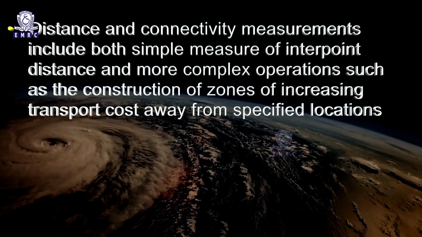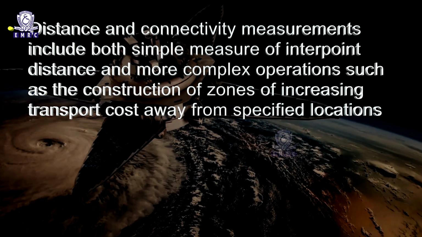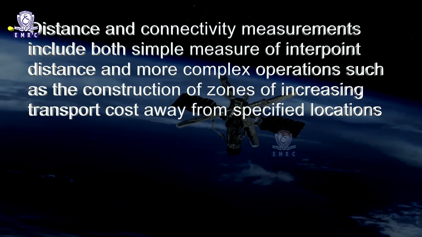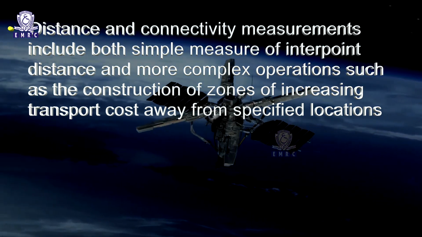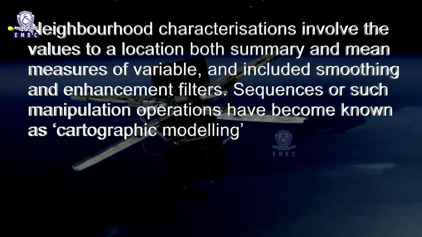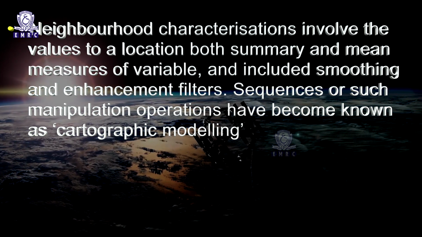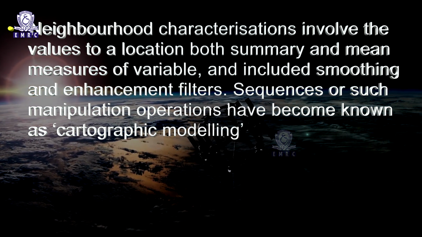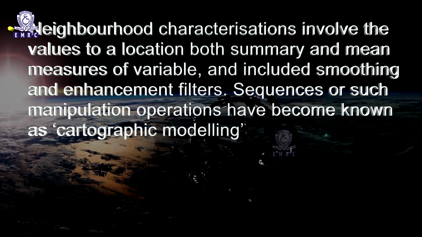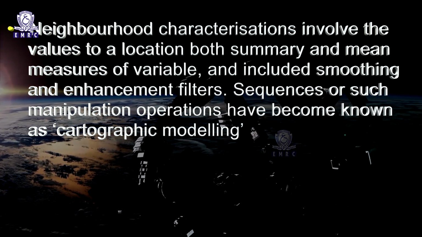Distance and connectivity measurements include both simple measures of interpoint distance and more complex operations such as the construction of zones of increasing transport cost away from a specified location, and neighborhood characterizations involve the value to the location, both summary and mean measures of a variable, and include smoothing and enhancement filters. Sequences of such manipulation operations have become known as cartographic modeling.